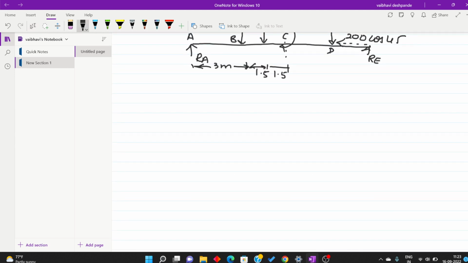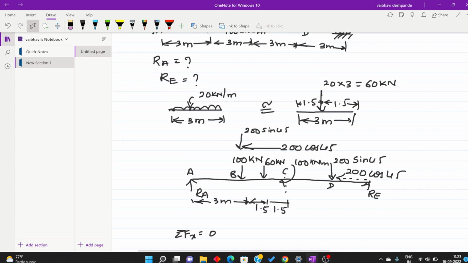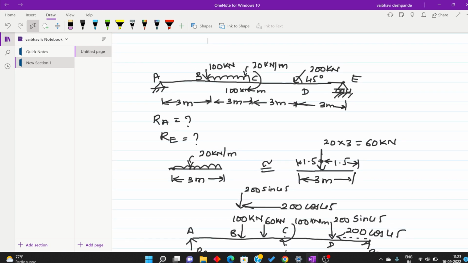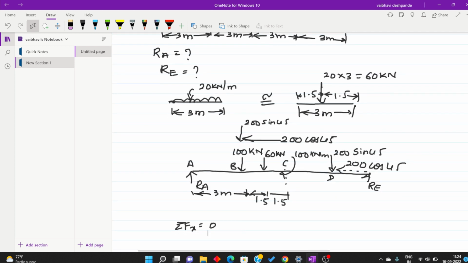Now taking summation of horizontal forces, sigma Fx equal to 0. What is the support at A in our problem? It is a hinged support, right? An inclined force is also given, so we will have to take RAY and RAX at A. If there is no inclined load given, then you can take only RA.